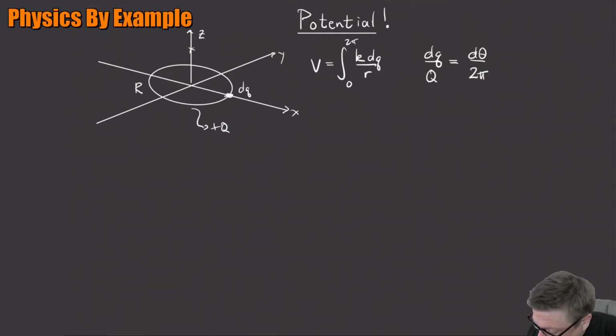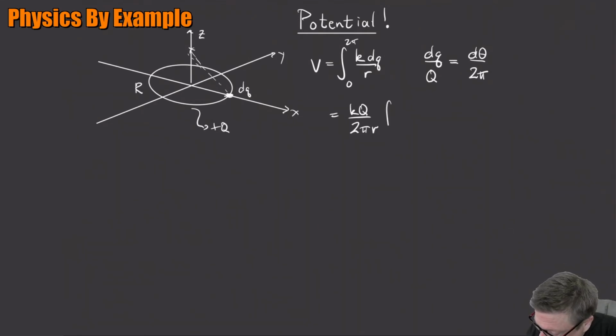Substituting in for dq, I get kQ over 2 pi. And then my r comes out, because r is the distance from dq to the point I'm interested in, and it doesn't change as I sweep around the circle. So r can come outside the integral.